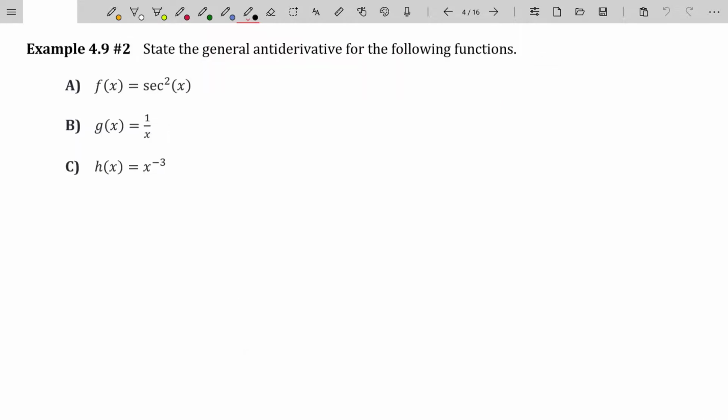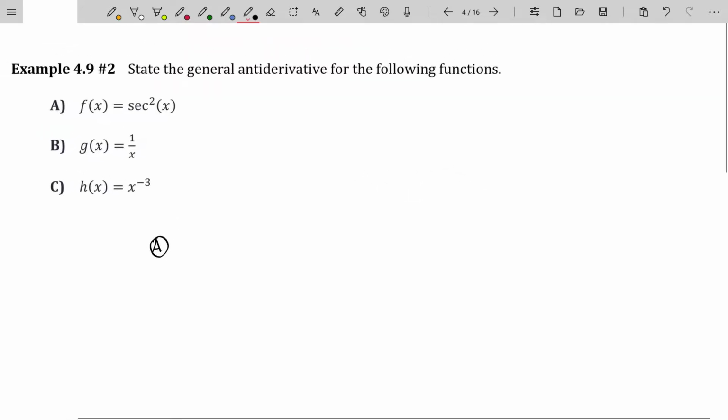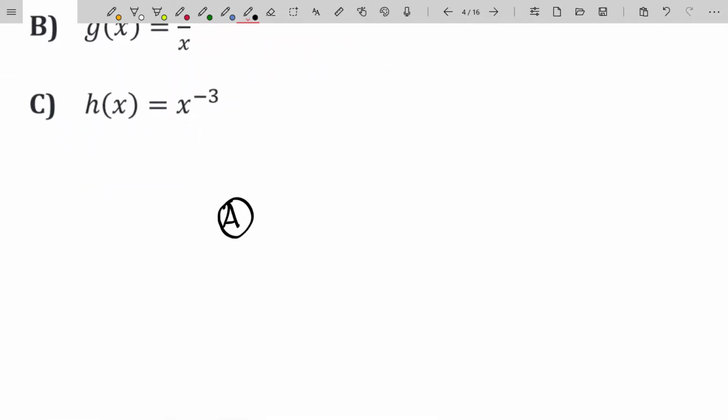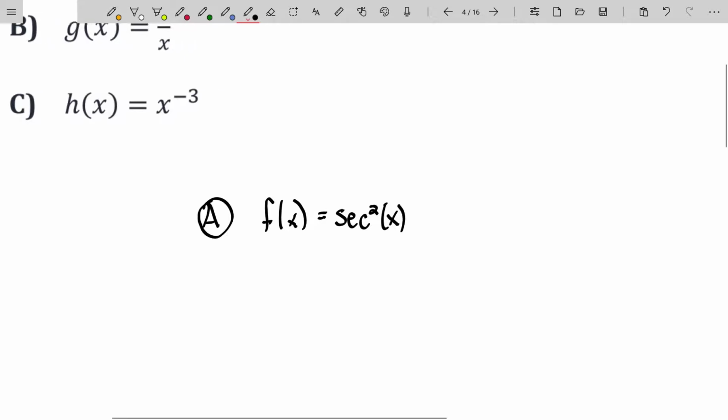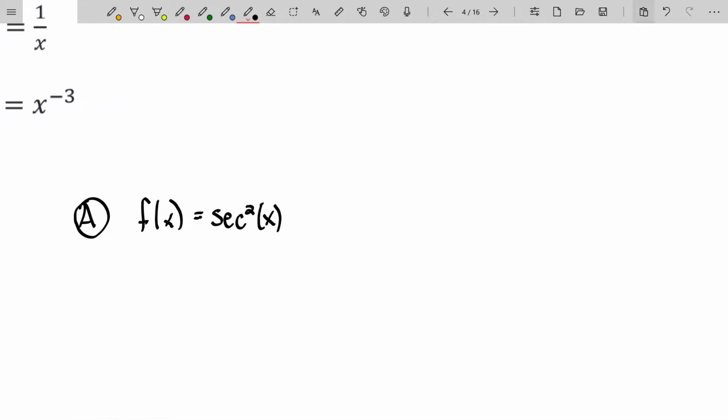All right, let's go ahead and use this. In general, by the way, when somebody says state the antiderivative, they really truthfully mean the general antiderivative. So when you're talking antiderivatives, you definitely want to have that plus c in that conversation. So part A, and I chose each of these for a very specific reason. Part A, we have f of x is equal to secant squared. Again, we're just asking ourselves a very simple question.